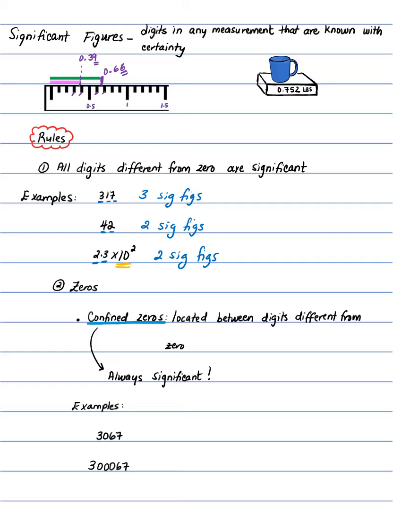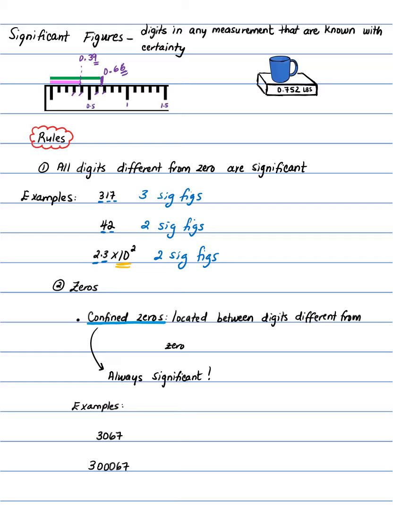Confined zeros are always significant. So if you're counting the total number of significant figures in a number, and you have confined zeros, all of them are counted towards the total number of significant figures.